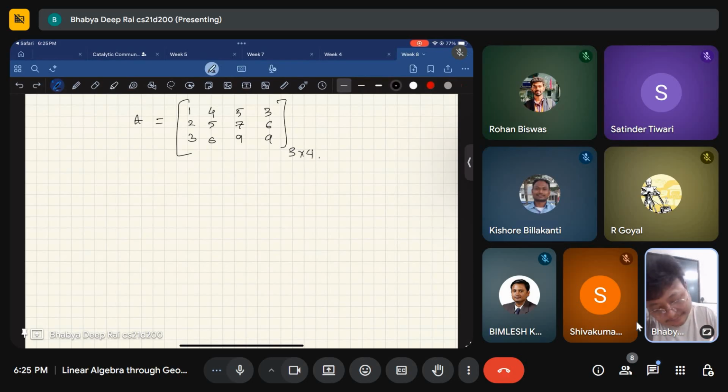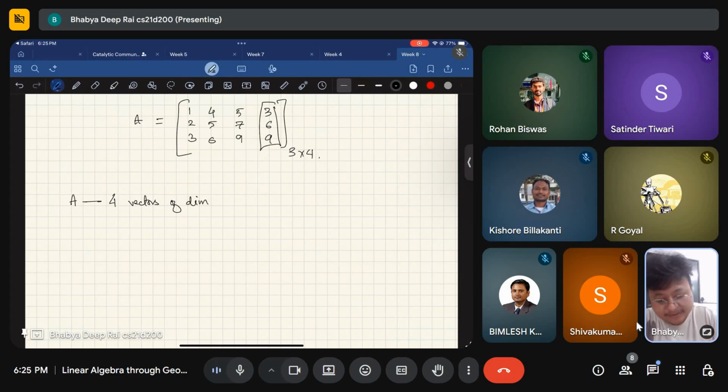This is the first observation. A consists of 4 column vectors. What is the dimension?